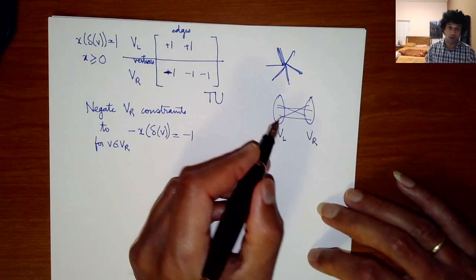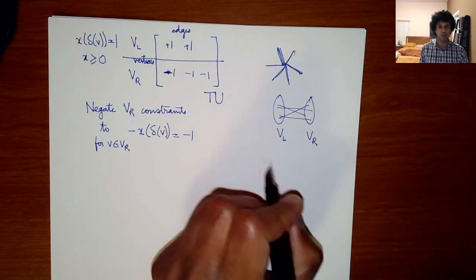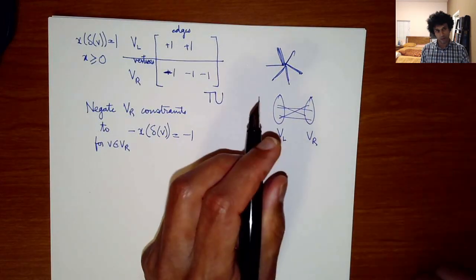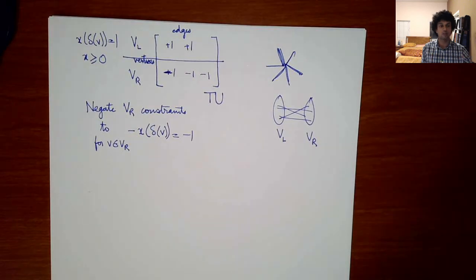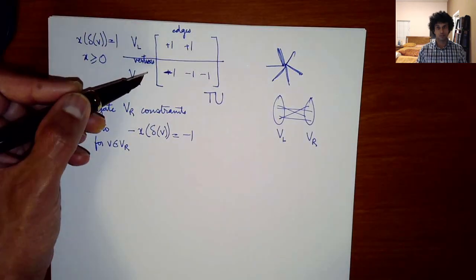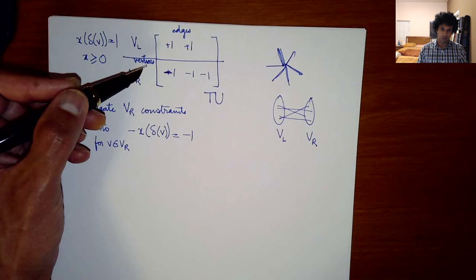This trick does not work if the graph is not bipartite. Because the graph is bipartite and because the edges go from one end to the other, I can get this consistency. Otherwise, this is not true.